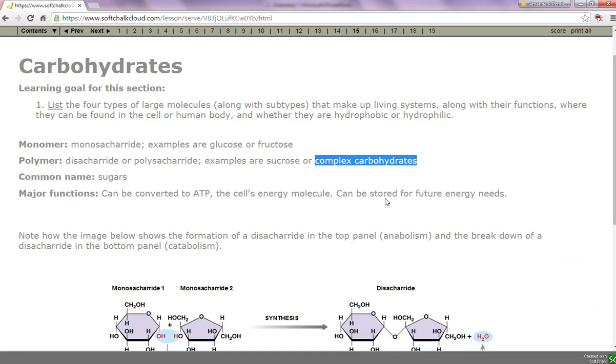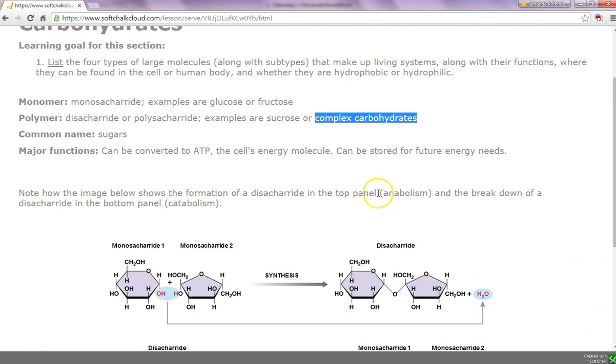Okay. In the human body, there are many functions for carbohydrates. One that you must know is that glucose is the major molecule that when you eat your food and you soak up glucose into your blood, it goes to cells and it can be converted to ATP, which the cell uses for energy.